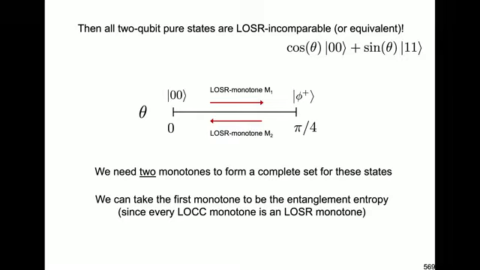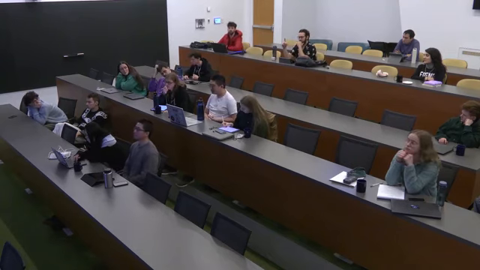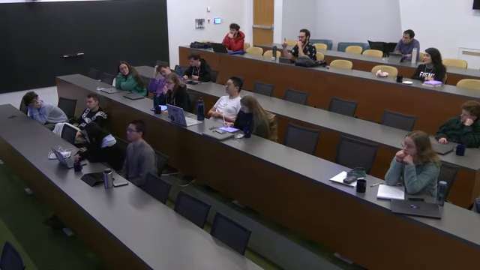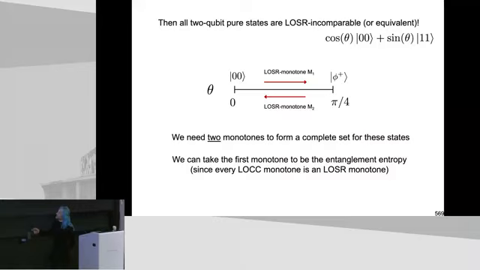Yeah. I have one question about the proof. So the proof assumed that the 2-qubit pure state is entangled, right? So that the Schmidt rank is 2, not 1. That's right. When you say all 2-qubit pure states are LOSR incomparable, is this only all 2-qubit inseparable pure states? Yeah, thanks for clarifying. So this point here, which is product, has a single Schmidt coefficient, and it's obviously free.